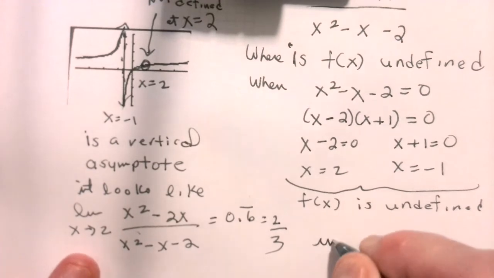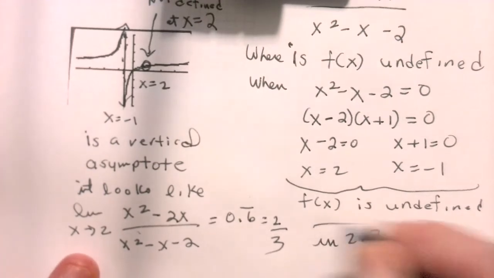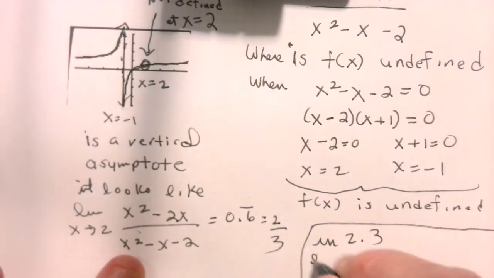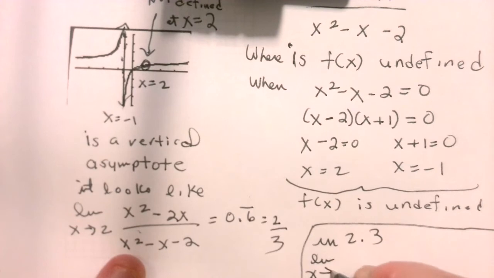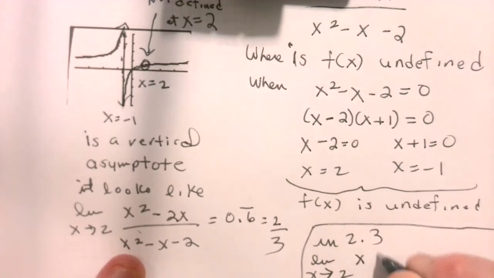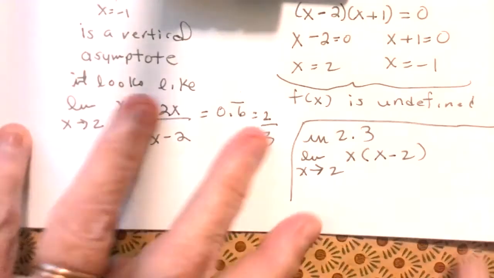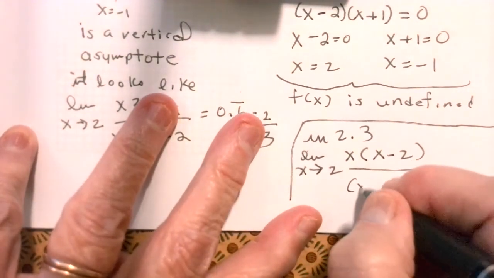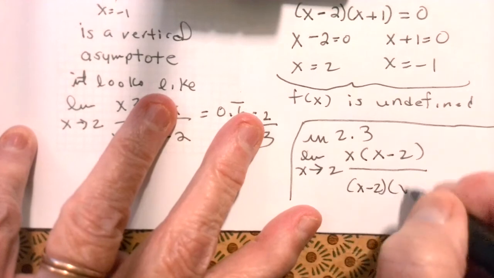So in the next section, which is 2.3, we're going to factor. We can factor an x out of the numerator, and then we can factor the denominator, we've already done this, into x minus 2 times x plus 1.